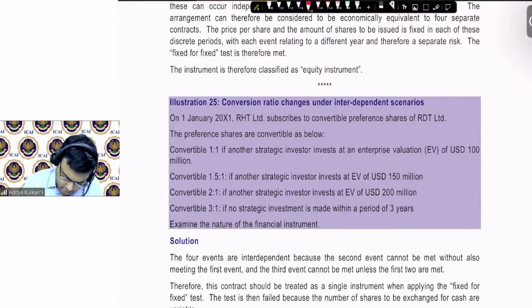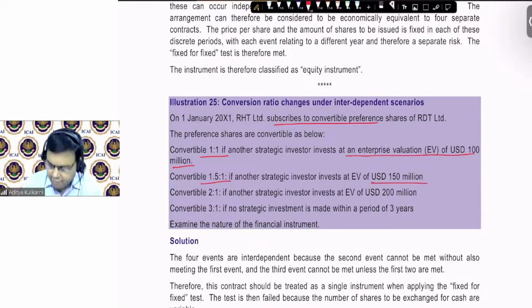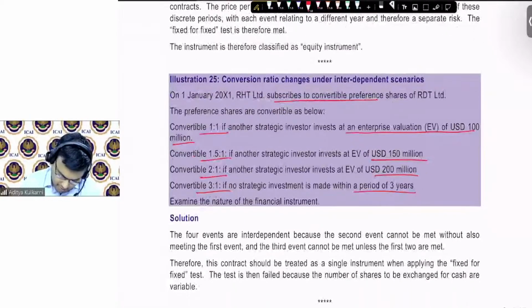Conversion ratio changes. On 1st January, RHT Limited subscribes to convertible preference shares of RDT, convertible as below. Convertible 1:1 if another strategic investor invests at a value of $100 million. Convertible 1.5 if investment happens at 150 million. Convertible at 2:1 if investment is 200 million. Convertible 3:1 if no investment is made within a period of 3 years.